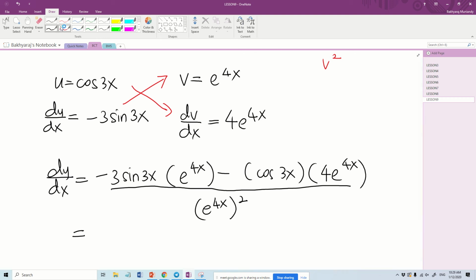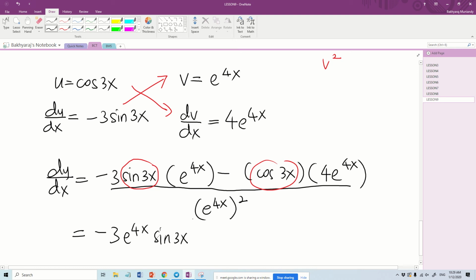Remember, if we have any trigo function, kita letak last, paling belakang. What I mean by that is negative 3 e^4x sine 3x. I want you to practice this. Always when you have trigo, you put it last. Itu kira yang paling betul lah. That will be the very nice way of writing when you have trigo in your calculation. So trigo letak last.